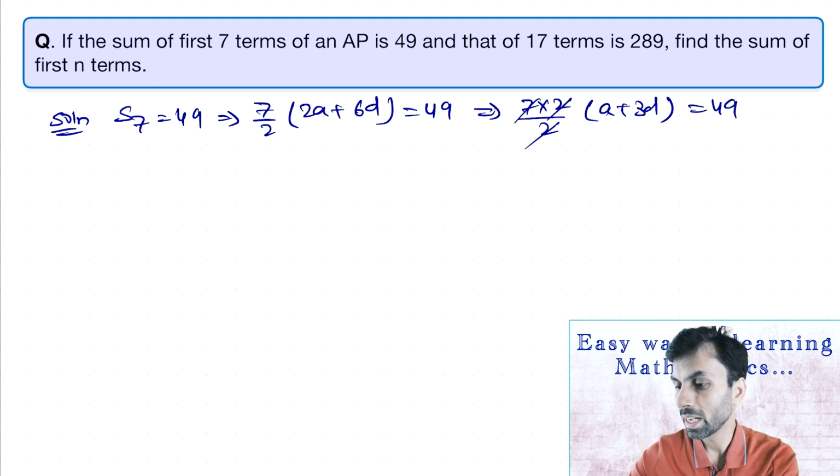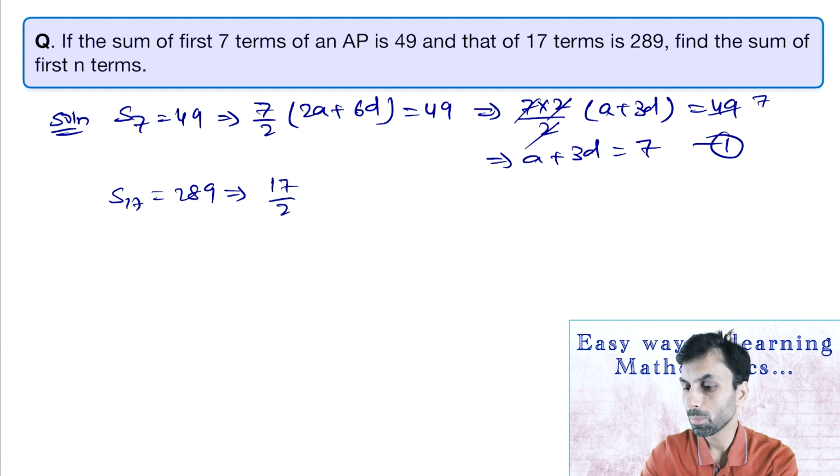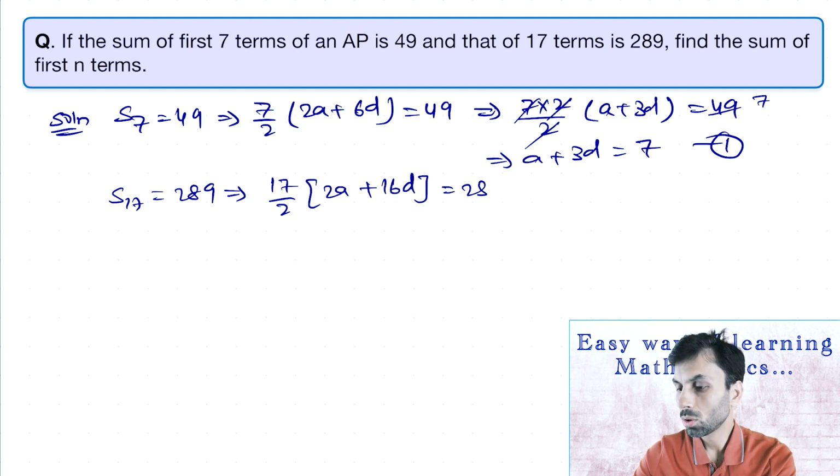Here 2 and 2 will cancel, 7 will cancel, 49 is 7 times 7. We'll get a plus 3d equals to 7. That is equation number 1. Next, when we take S17, that is given 289, which will be equals to 17 upon 2 into (2a plus (17 minus 1), that is 16d), which is 289.